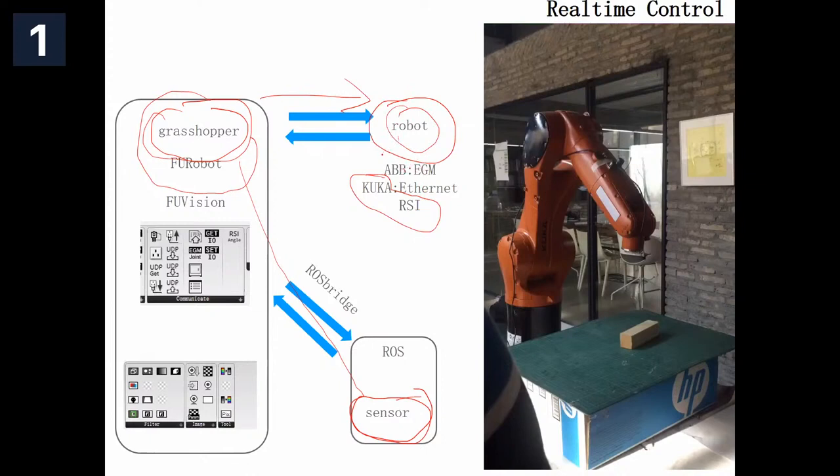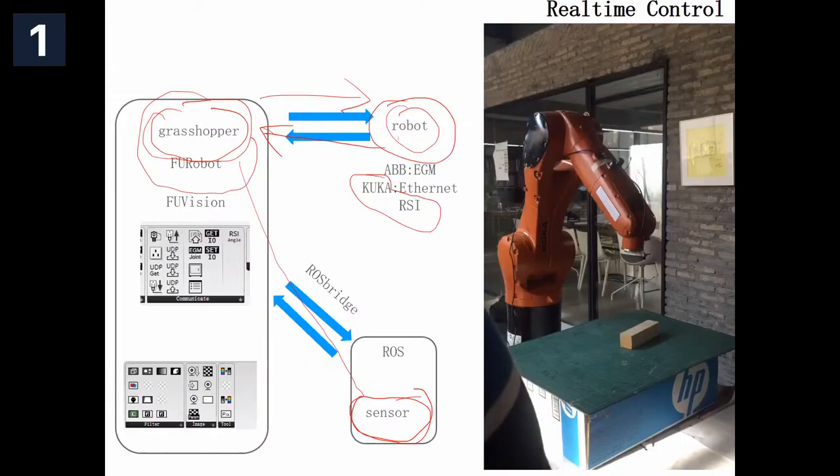When it finishes acting, the KUKA robot will send some information back to Grasshopper, telling Grasshopper that it has finished and where it is now, in which position.